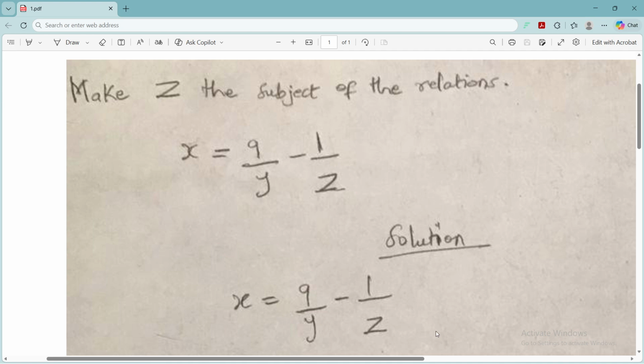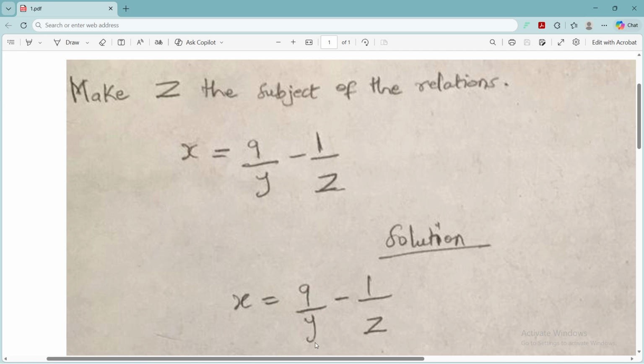So in subtracting fractions, we multiply the denominator on the right hand side of the equation, which is z, by the numerator on the left hand side of the equation, which is 9.